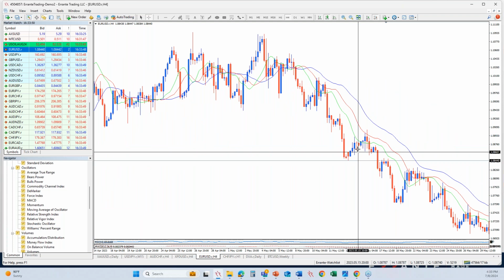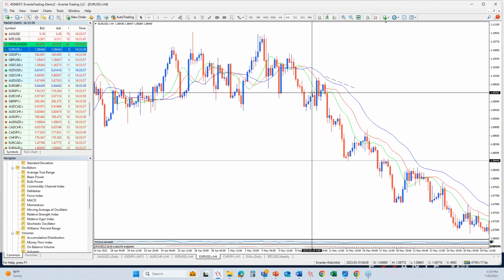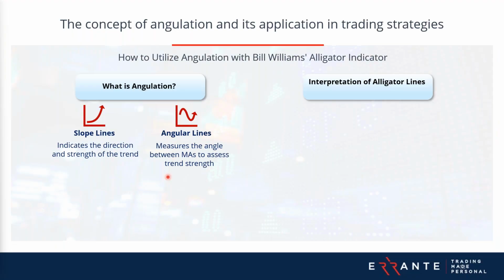It doesn't matter if it's a downtrend or uptrend. You see, for example, during the phases of market correction, the slope of the moving averages usually gets smaller, and vice versa. So a steep angle between the lines indicates a strong trend.